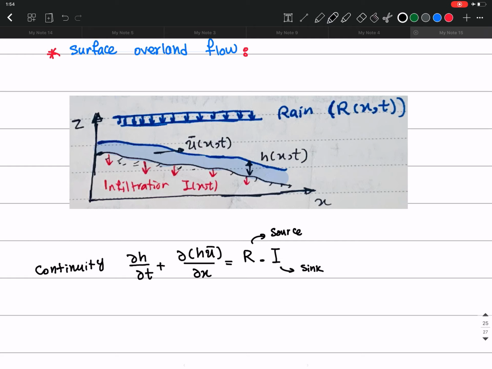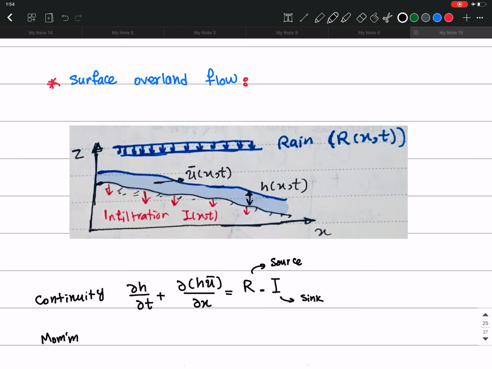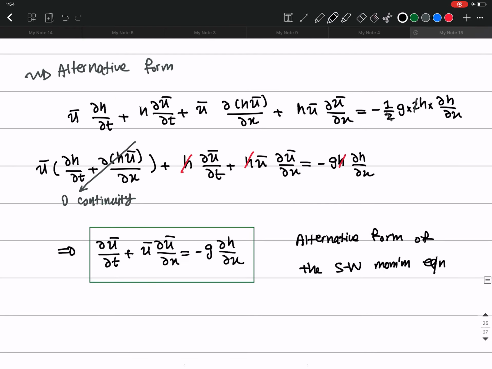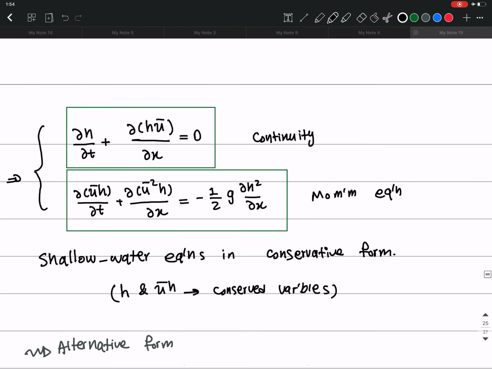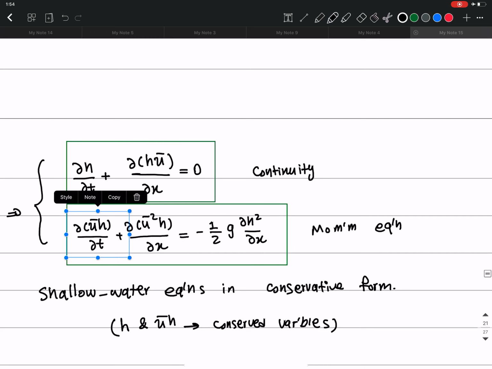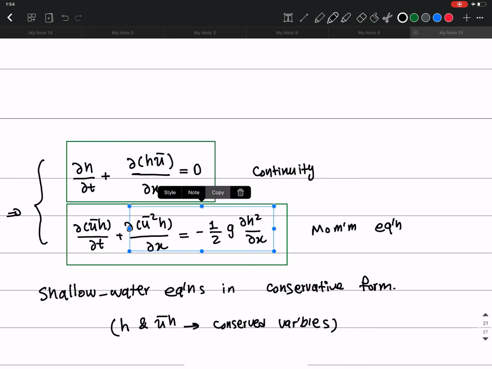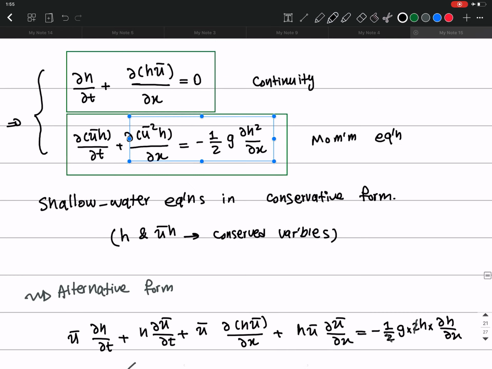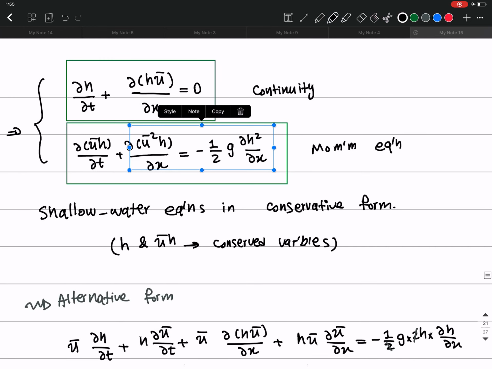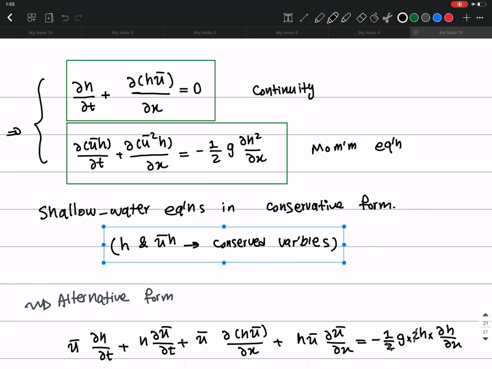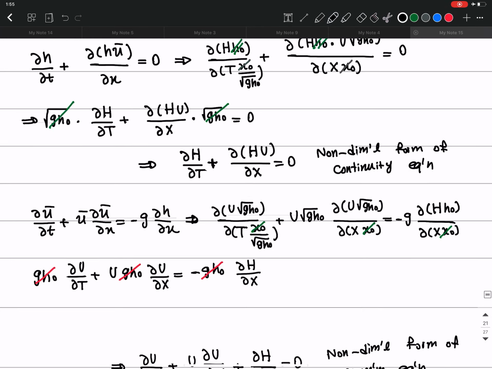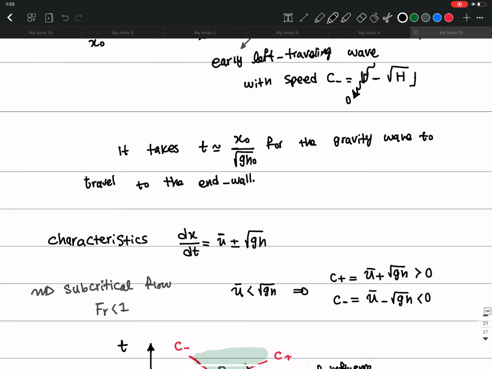And also we can write the momentum equation for these shallow water equations that we already derived, right? I'm going to use this form of that, but I want to bring the right one to the left, and then I will write it as this.